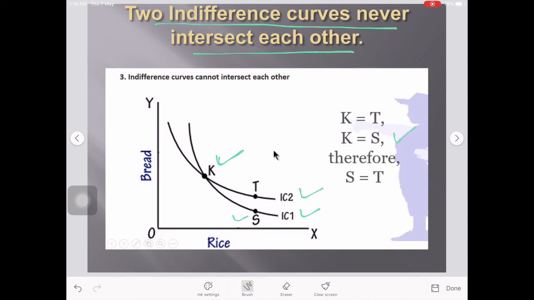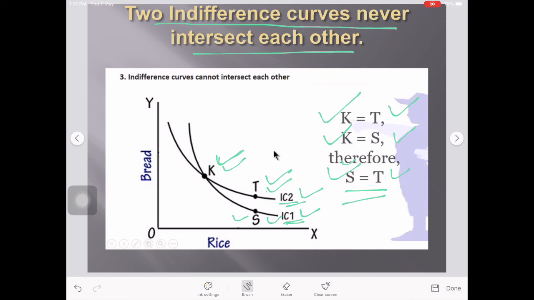Again in indifference curve 2, there are 2 points, point K and point T. As point K and T are on the same indifference curve IC2, so K is equal to T, that means point K gives the same level of satisfaction as point T. As K is equal to T and K is equal to S, so S is equal to T, that means point S and point T gives same level of satisfaction to the consumer, but it is quite impossible as they are in two different indifference curves IC1 and IC2.